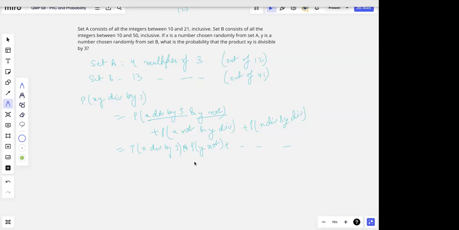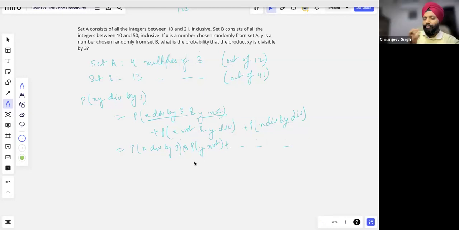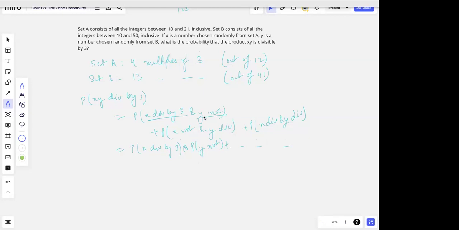X and y are independent events. I just thought there were overlapping cases, but now I realize that there are no overlapping cases.